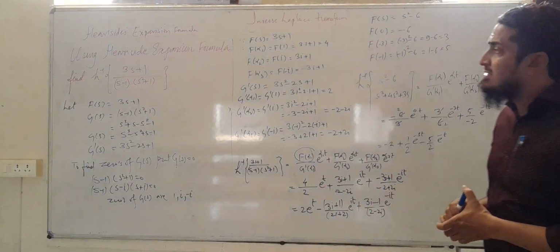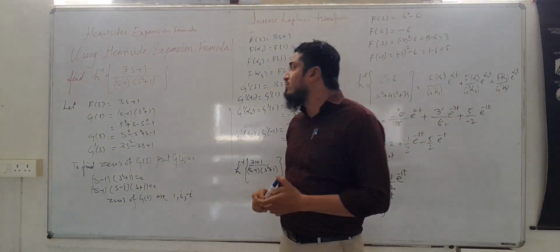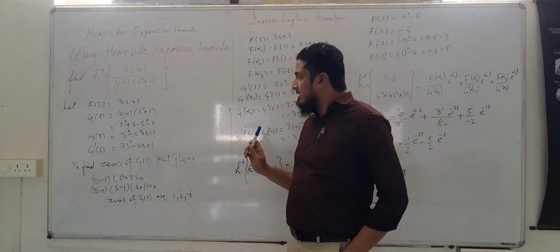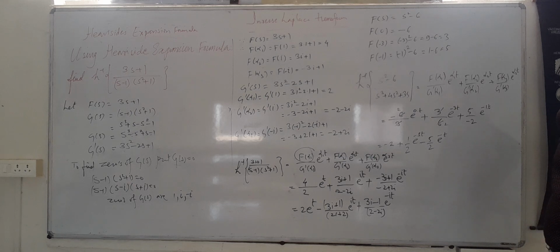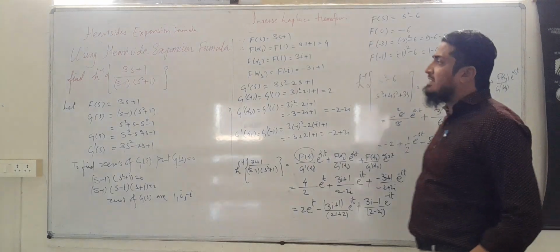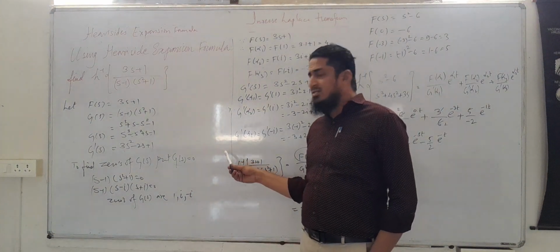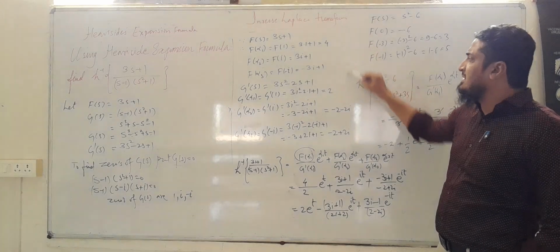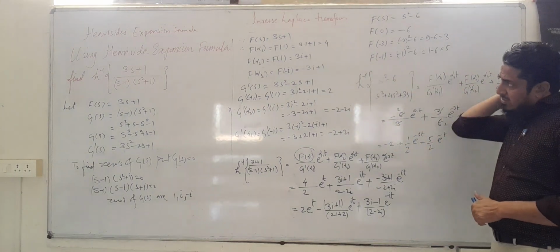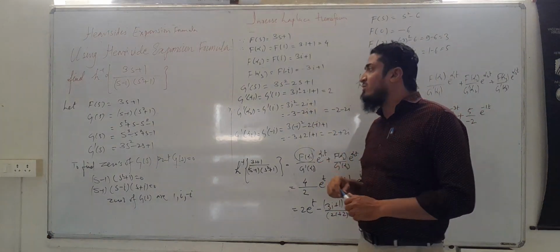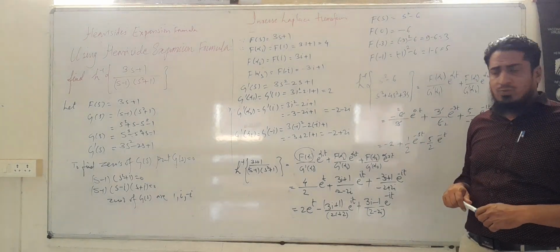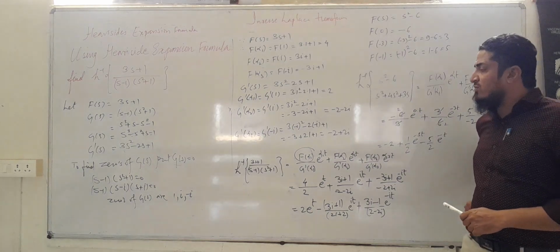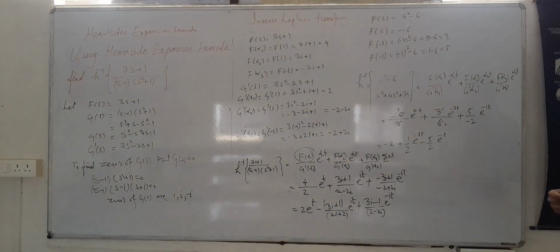In this example, if we go through partial fractions, we will get the same result as by using the Heaviside expansion formula, but it takes a number of steps to solve that example by partial fractions. This is the easiest method, and you only need very basic knowledge to find the roots, then find the values of the functions at those roots and put these values into the formula. We will get easily the result which we need.